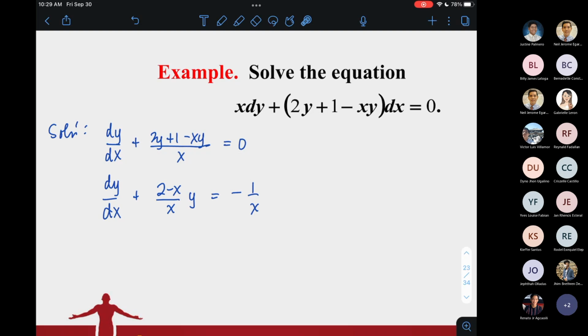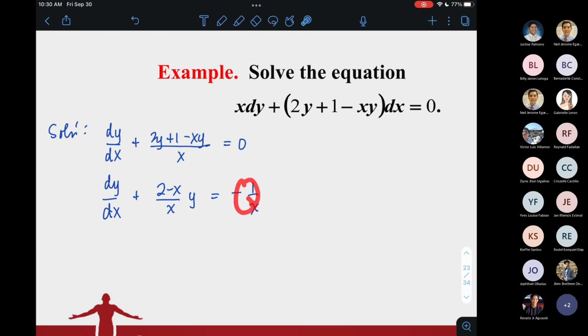Alright? So yung 1 over x dito na walang y, nilipat ko sa kanan, kaya nagkaroon ng negative 1 over x. And then I have 2y minus xy over x, finactor ko lang yung y. Kasi nga gusto ko itong second term ay p of x times y lamang. So this is our p of x. And that p of x is very important para sa integrating factor. Alright? Now, it is also crucial that the right-hand side is only a function of x. Kasi kung may y pa dito, meron pang intermediate step na kailangan gawin.